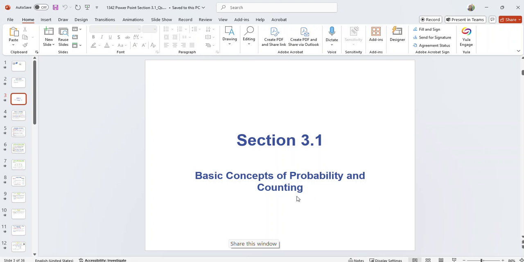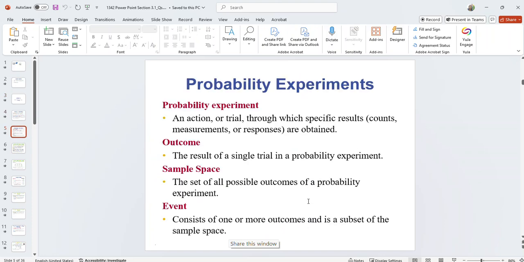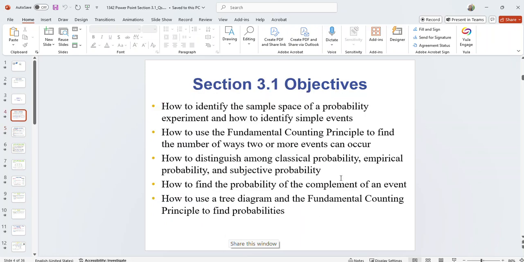So the basic concept of probability, right? We usually just try to see, what is probability basically? If you think, what's the chance it's gonna rain tomorrow, right? That's the probability. So we say maybe a 30% chance of raining tomorrow, all right?